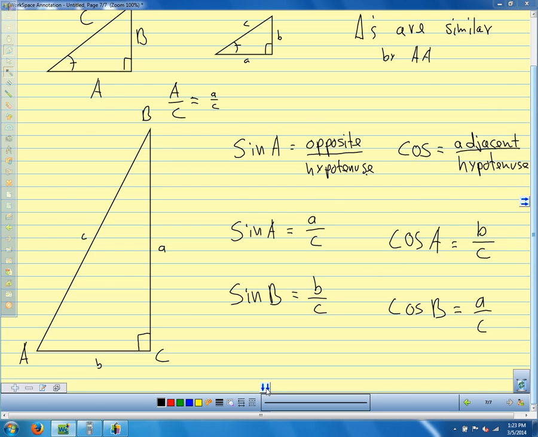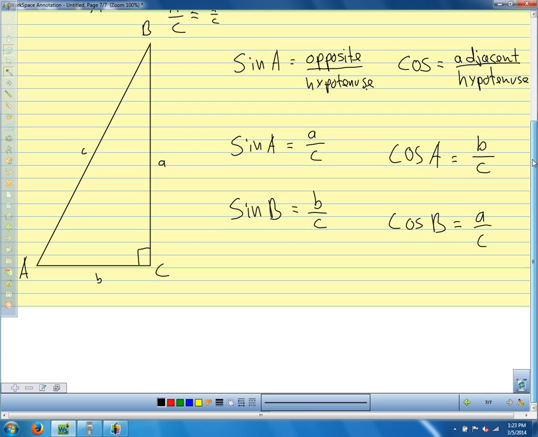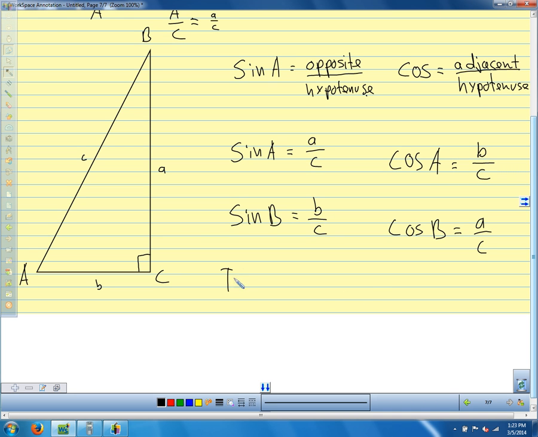And then our third trig ratio we call the tangent. And that's what TAN means, tangent. The tangent is the opposite over the adjacent side.